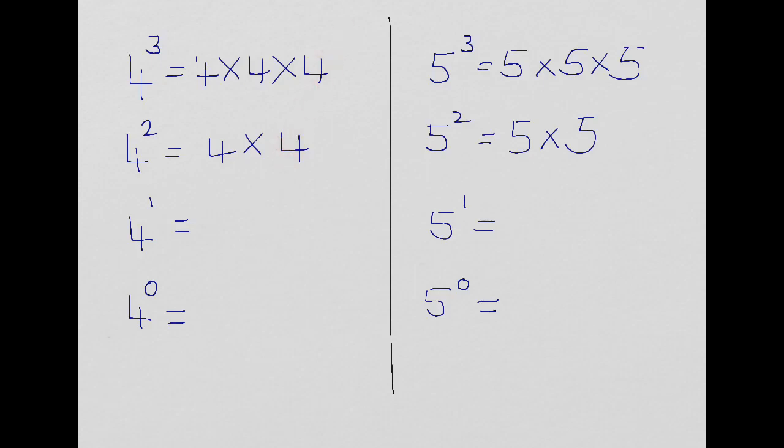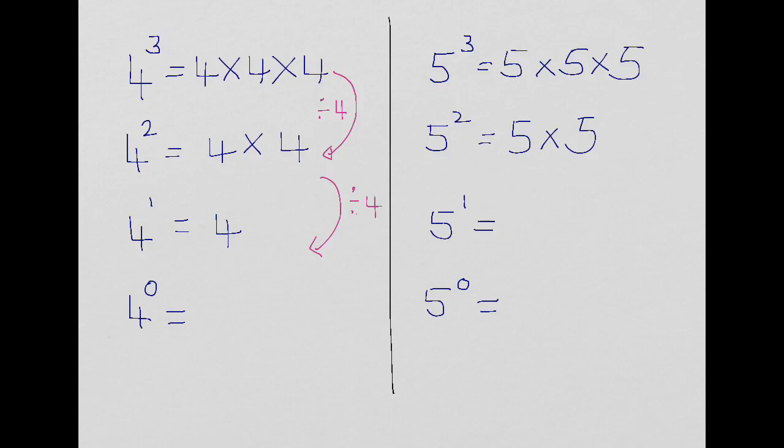And what you should have noted is that if I go from here to here, it's actually the same as dividing by 4. So 4 to the power 1, I know what that is, that's 4. Well, again, to go from here to here, divide by 4. And you may be thinking, why am I doing this?